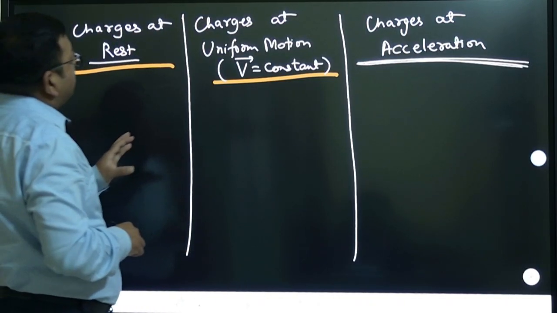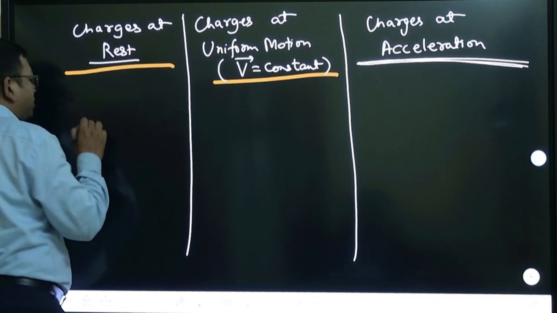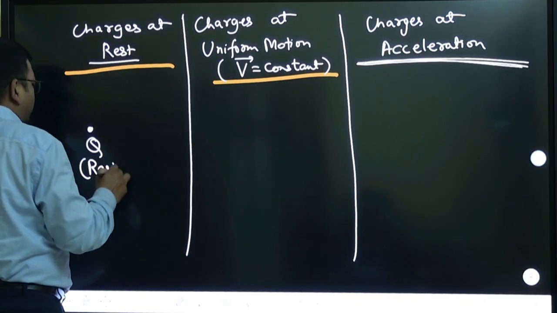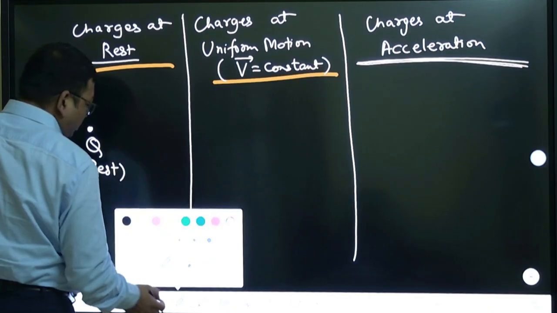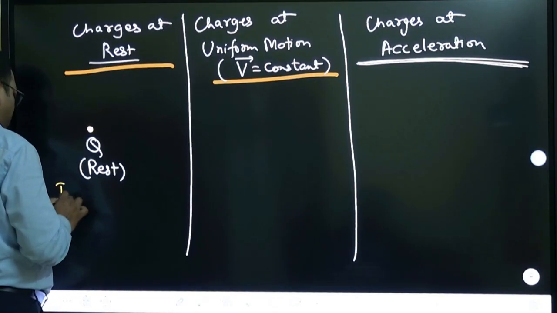Charges at rest means, let us say some charge is there. Q is the symbol used to denote charge. So this charge is at rest, and it will create only an electric field.